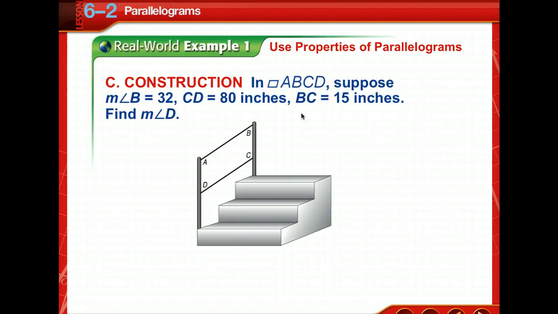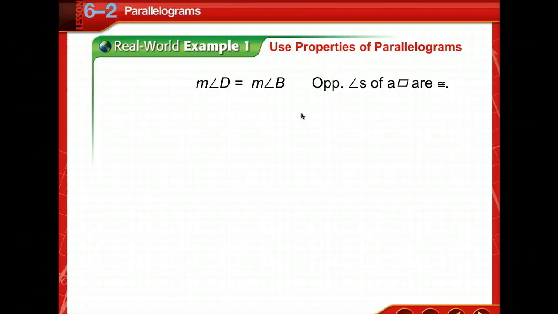Let's do another. This time we're going to find the measure of angle D. Well, the measure of angle D and the measure of angle B are congruent because opposite angles of a parallelogram are congruent. The measurement of angle B is 32. We're given that, so that is also the measurement of angle D.